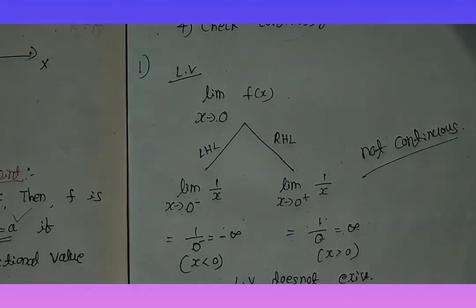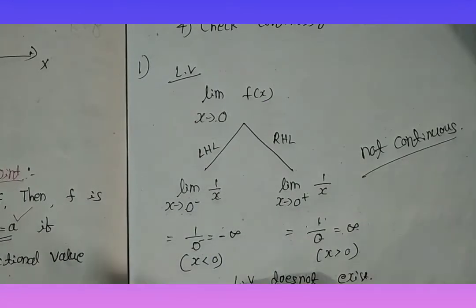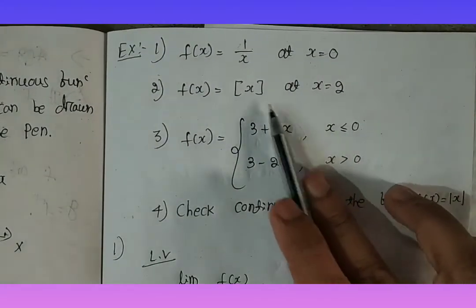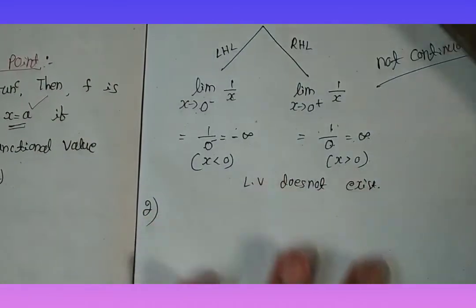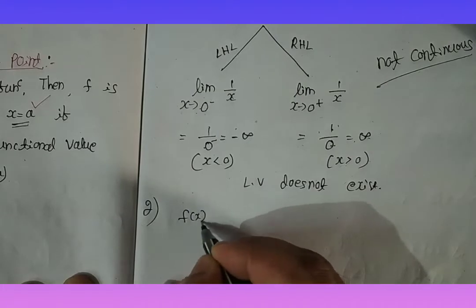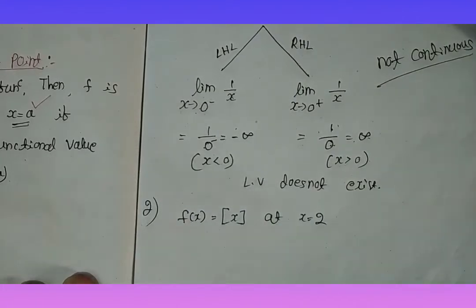Now the second question. The second question is given that f of x equal to the greatest integer function, at x equal to 2.